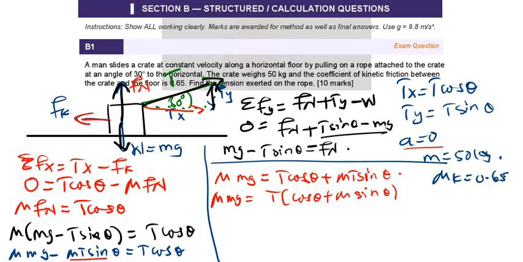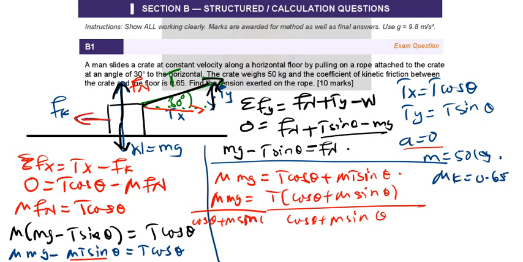We divide both sides by cos theta plus mu sine theta. These two are going to cancel out, and what we remain with is T equal to mu mg divided by cos theta plus mu sine theta, like that.